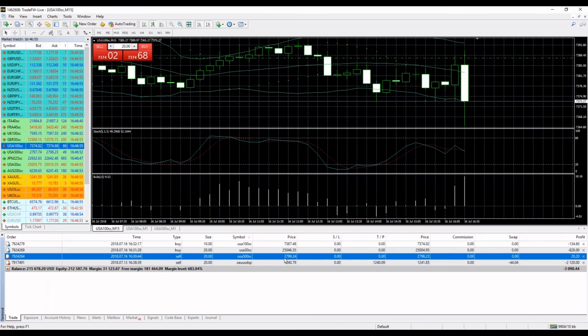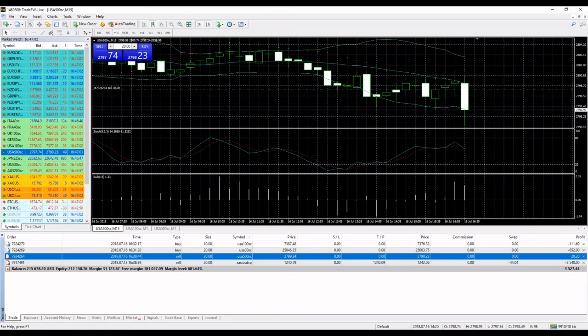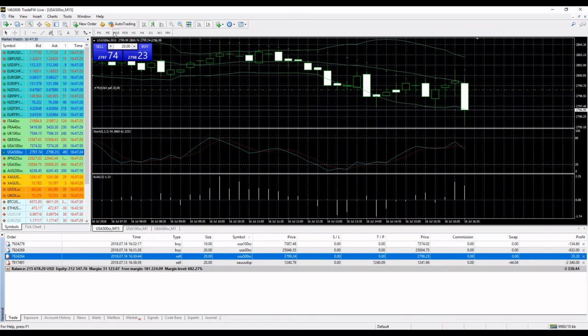So let's see USA 500. We didn't make big profits today. We are short on USA 500. Here it still looks like it will continue to go short.